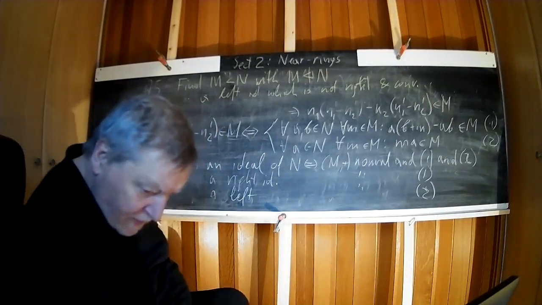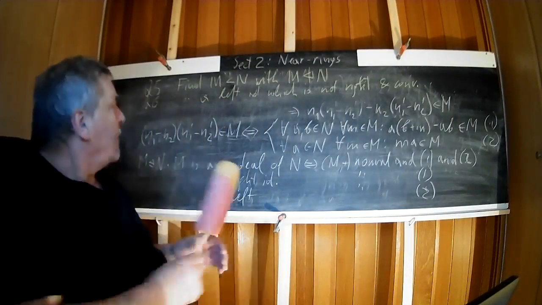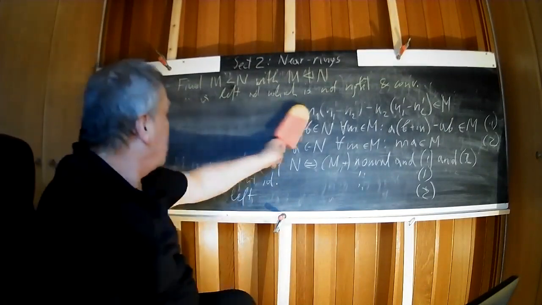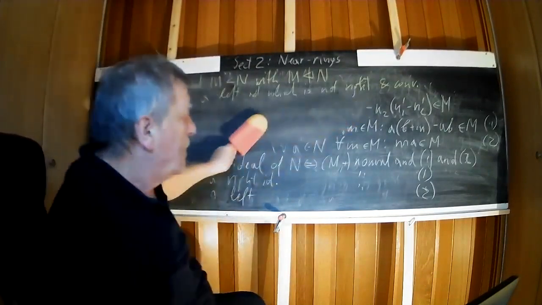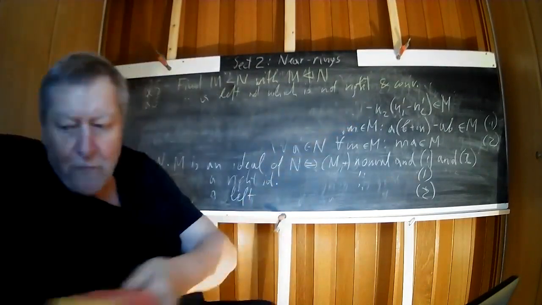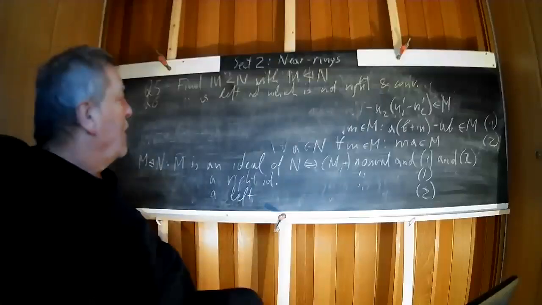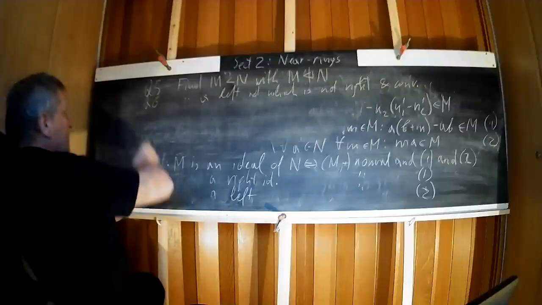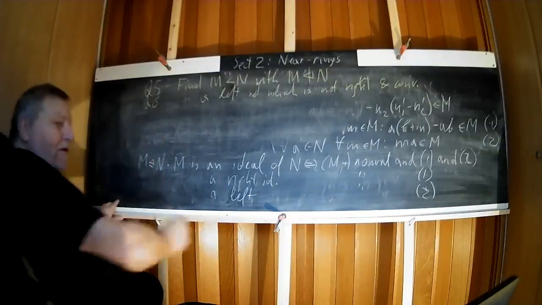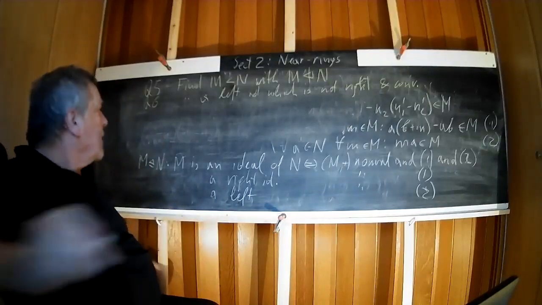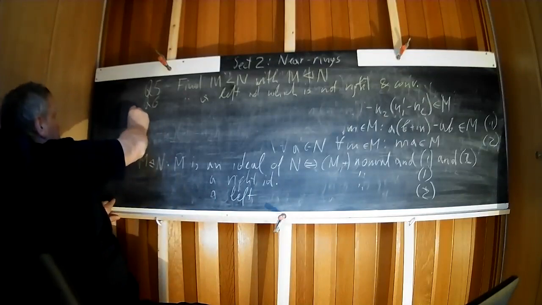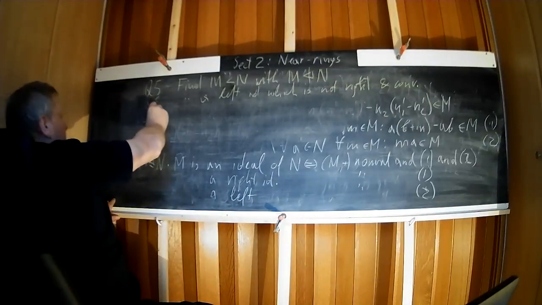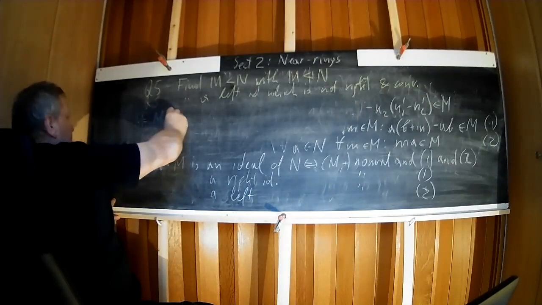Perhaps I should give a few, or at least one example. Let's take, because it's by far the most important example, let's take M to be M sub naught.